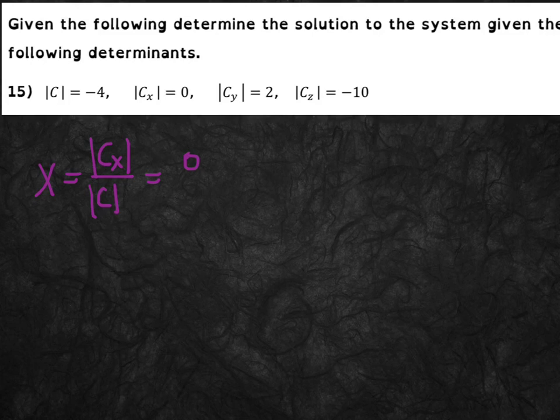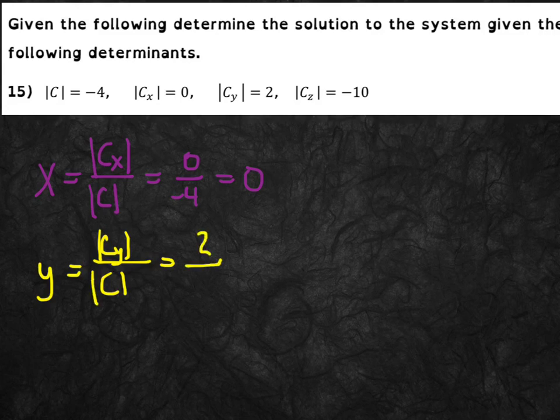And so that's going to be a 0 divided by negative 4, which is 0. Then you're going to do the same thing for the y's, using the coefficient with the y replaced divided by the coefficient matrix. And that's going to give you 2 over negative 4, which reduces to negative 1/2.